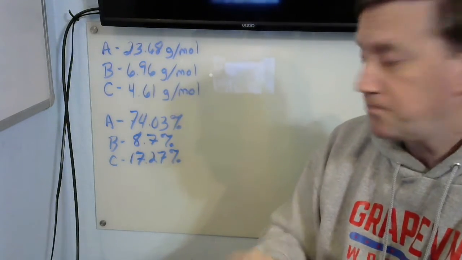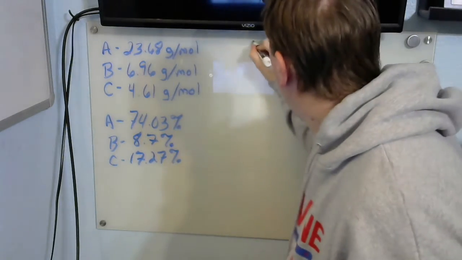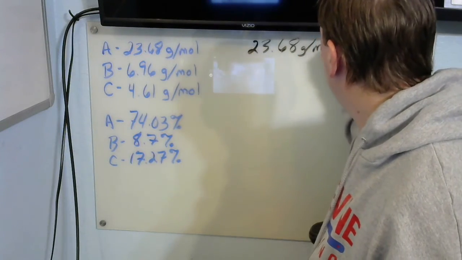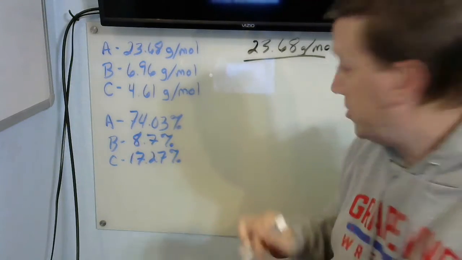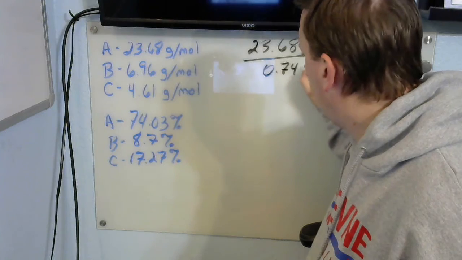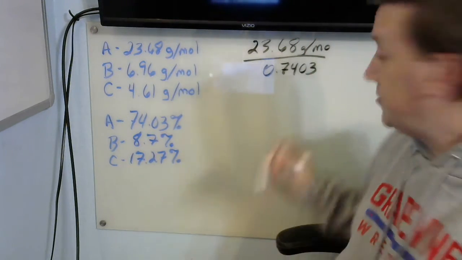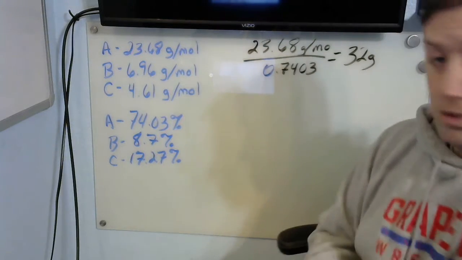in the molecule. So to get that, we take the molar mass here, 23.68 grams per mole, and we're going to divide that by the percent in the molecule. So divide by 0.7403. All right, and what that gives us, that calculates out to 32 grams.